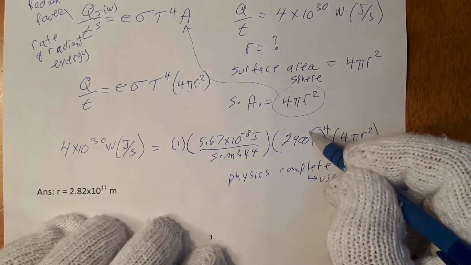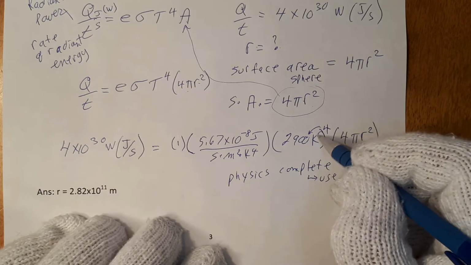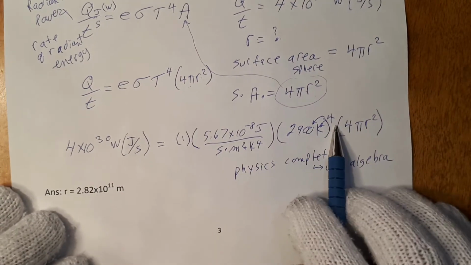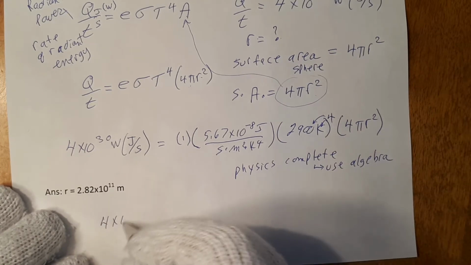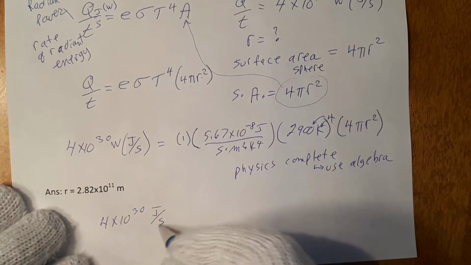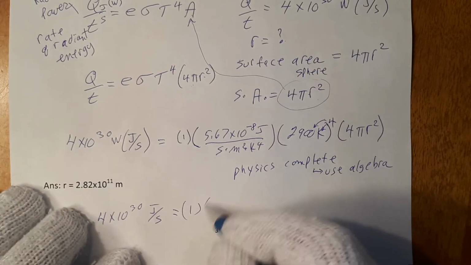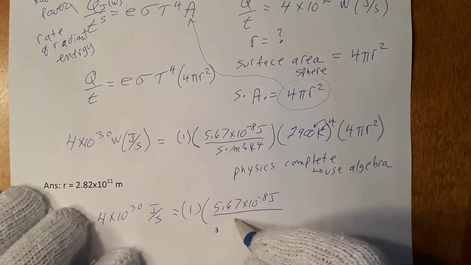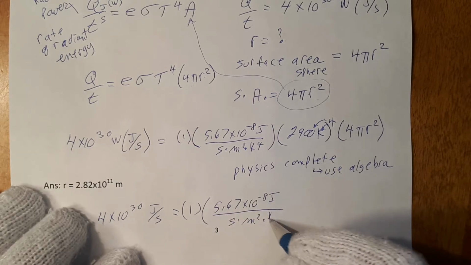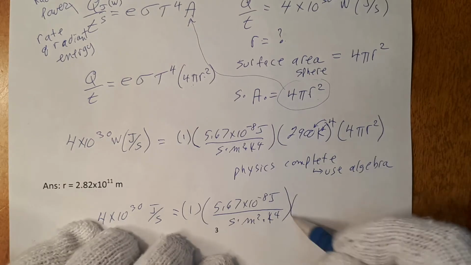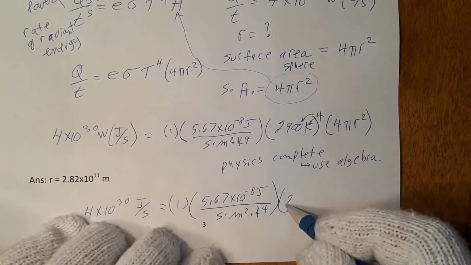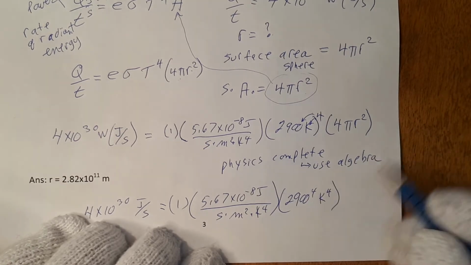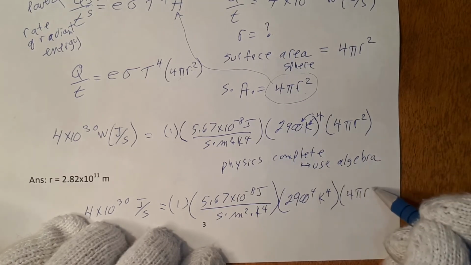So 4 operates on the temperature 2900 as well as the units. So rewriting this, removing these brackets, 2900 to the power of 4 Kelvin to the power of 4. Everything times 4 pi r squared.